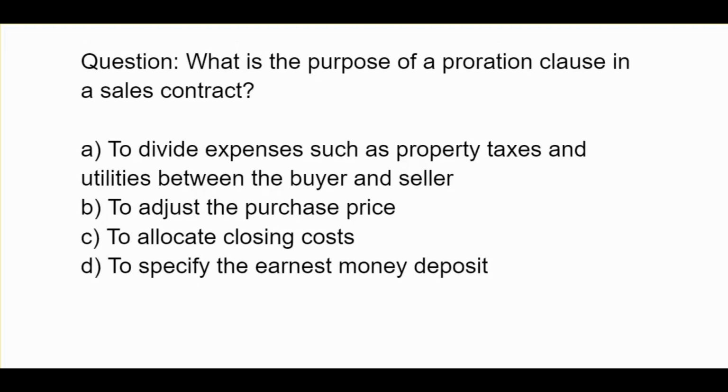What is the purpose of a proration clause in a sales contract? A, to divide expenses such as property taxes and utilities between the buyer and seller. B, to adjust the purchase price. C, to allocate closing costs. D, to specify the earnest money deposit.